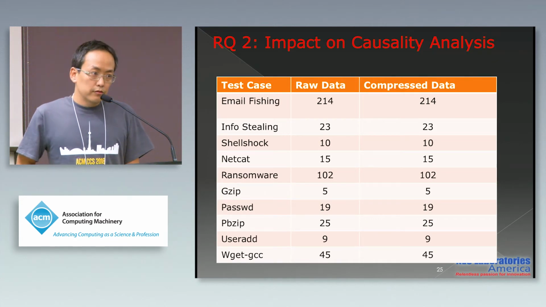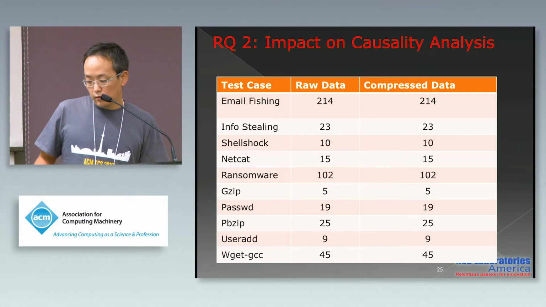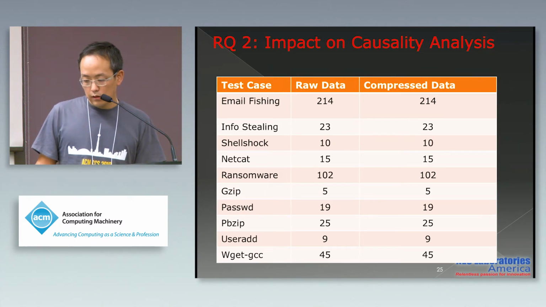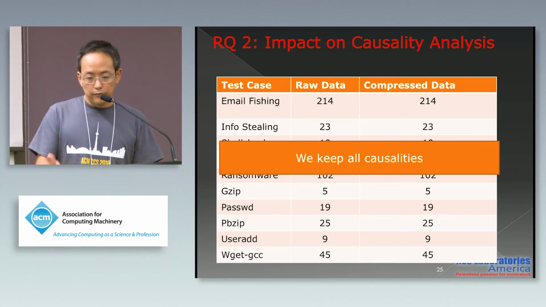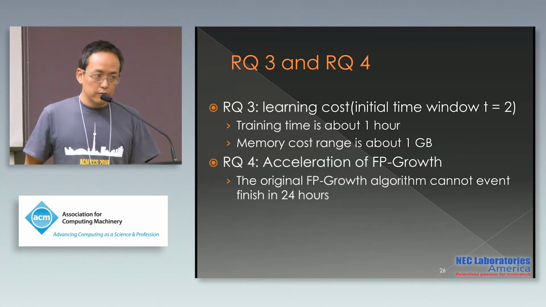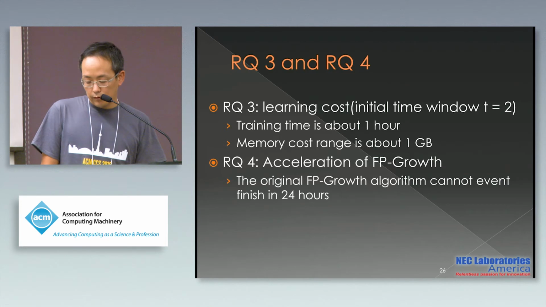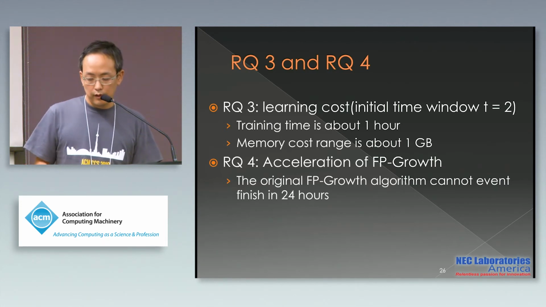We also tried to evaluate the accuracy, that is, the impact of our approach on causality analysis. For the edges that we care about, most of them are preserved and identical before and after the optimization. In terms of our modification of the FP algorithms, it was reasonably fast for our data set. It took only about 1 hour.